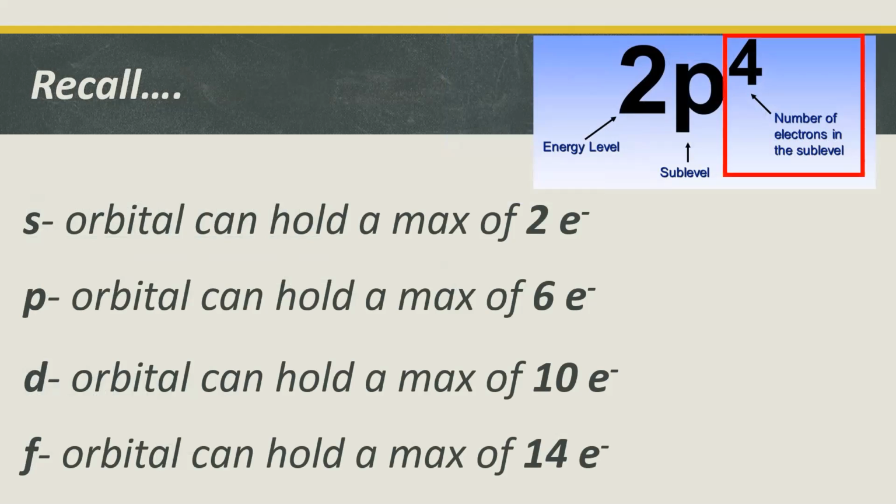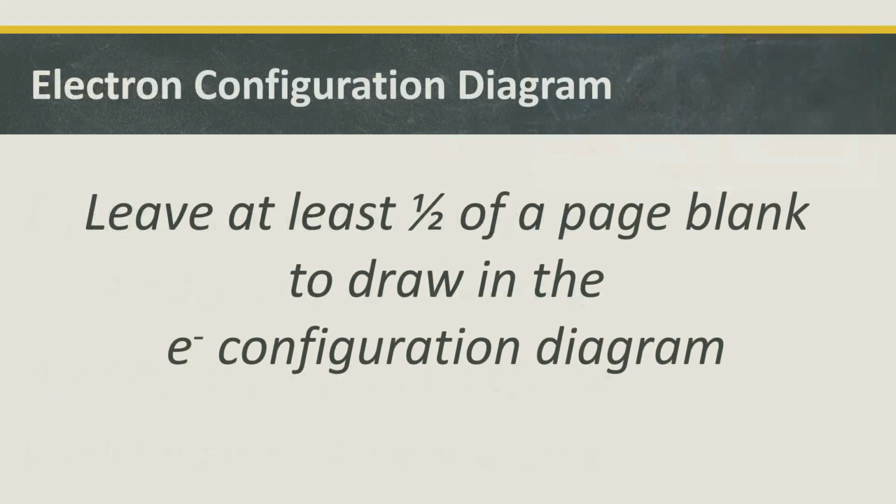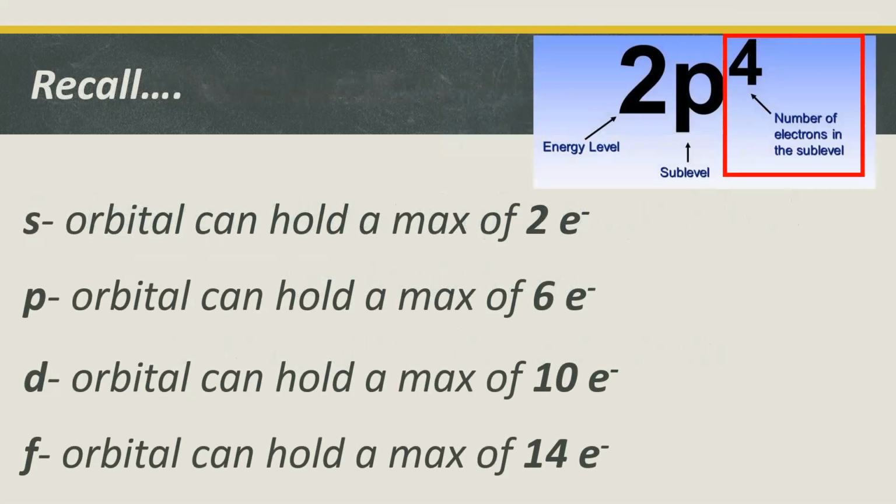S can hold up to 2, P up to 6, D up to 10, and F up to 14. So you have to follow that rule. So in this case, P has 4, which is fine because P can hold up to 6. It's just unfilled. And you have to fill an orbital sublevel before going to the next.